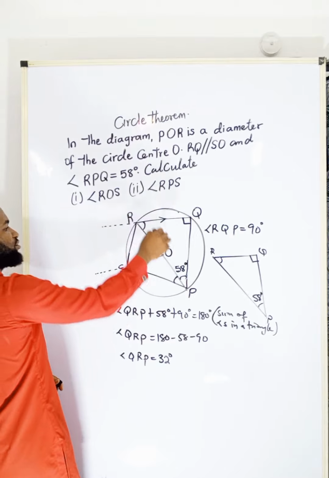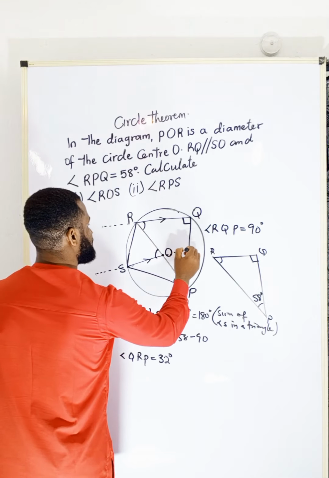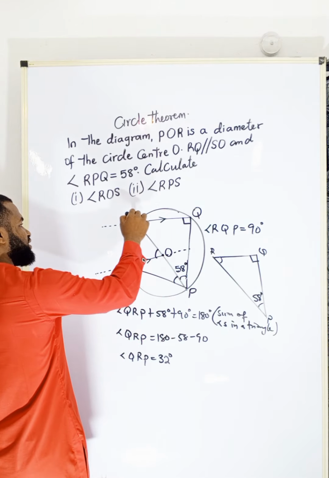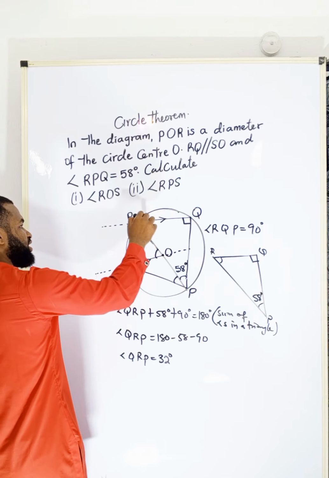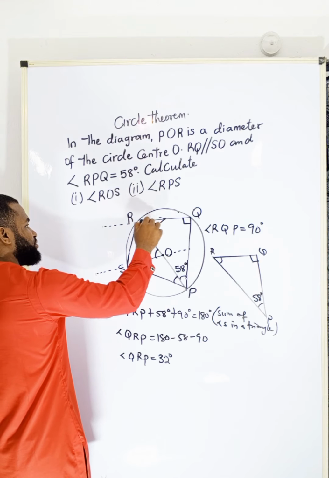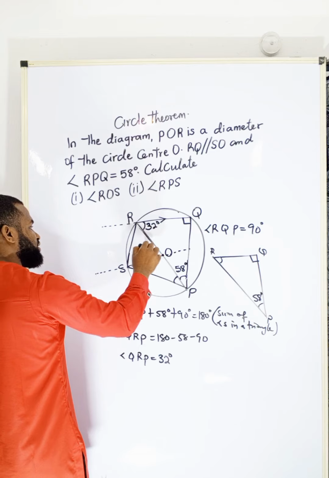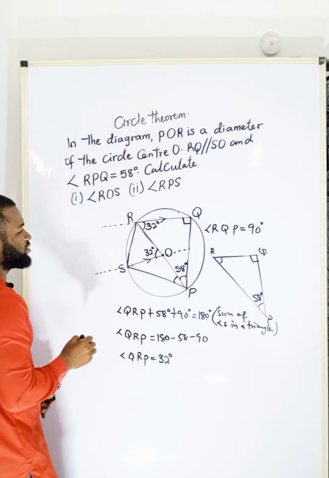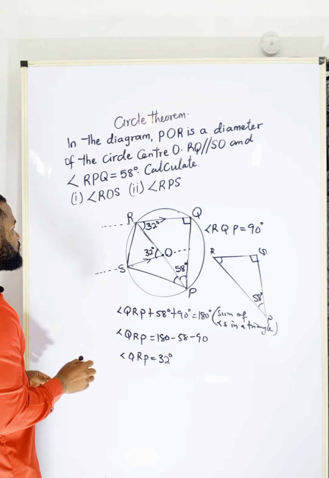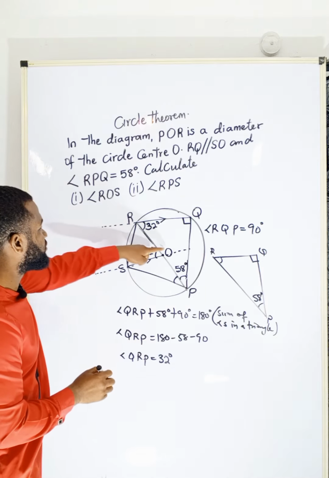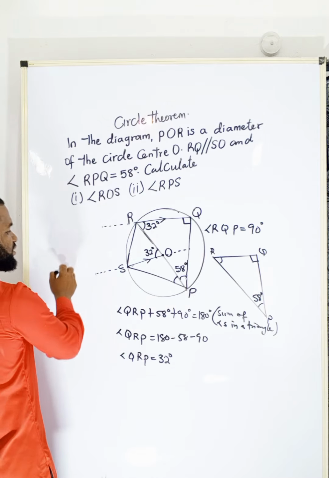If this place is 32 degrees, then remember this principle of plane geometry. If you look at this plane geometry very well, you realize that there is a Z, alternate angle. If this place is 32, then this place is going to be 32. So for that reason, I'm going to answer ROS.